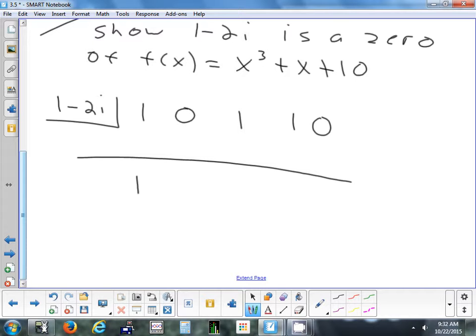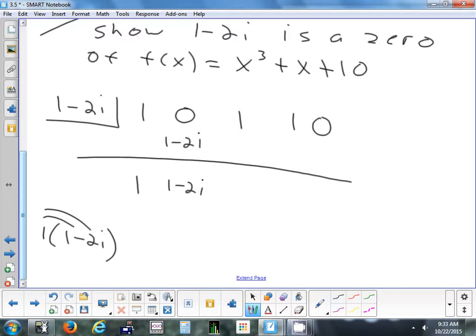And now we multiply 1 times 1 minus 2i. Think of it as the distributive property. Does that change anything? No. So it's just 1 minus 2i. Still not too bad. Now we add these up. If I add 0 to 1 minus 2i, I get the same thing.